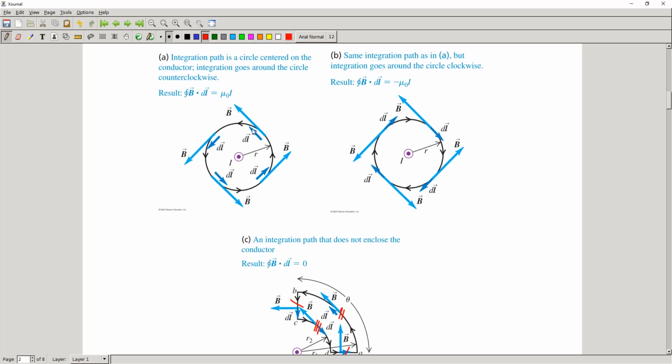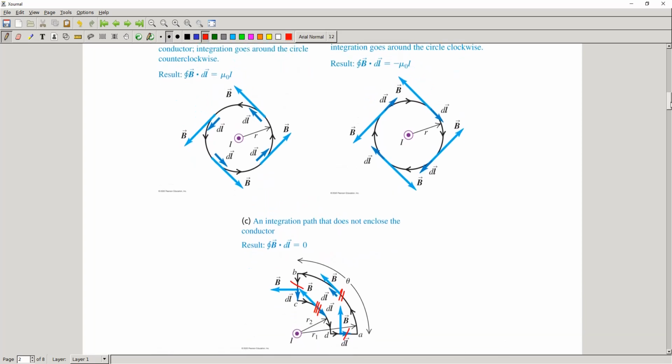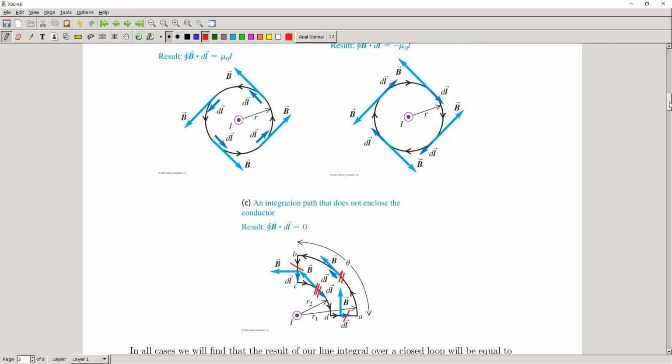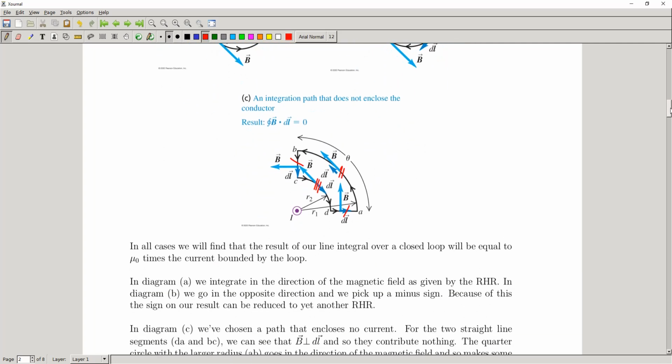But in any case, if we're enclosing some current, we have this non-zero value. If we enclose no current, then I is 0, and our closed loop integral comes back as 0.